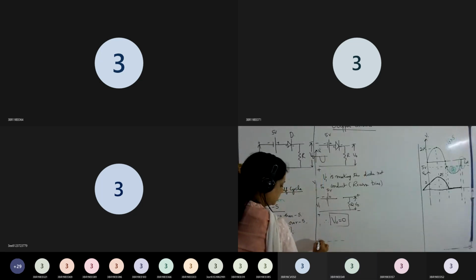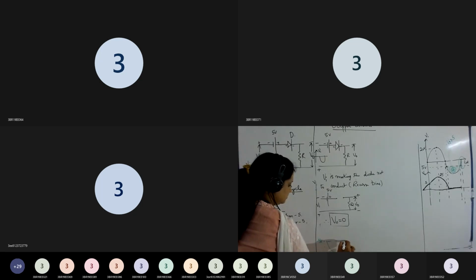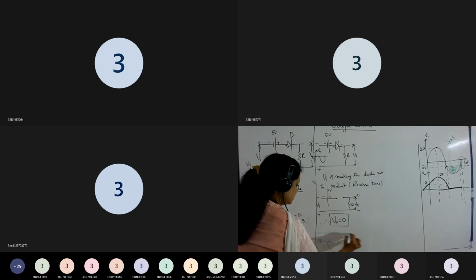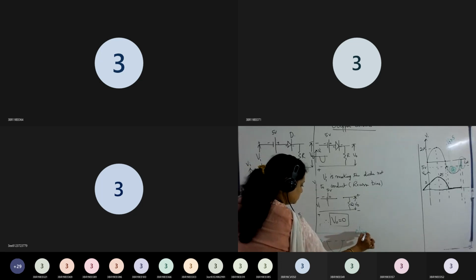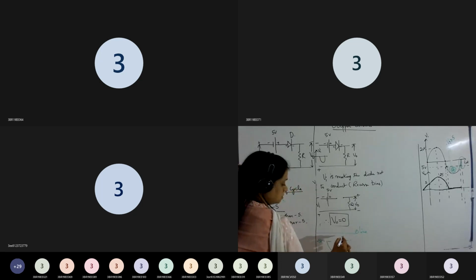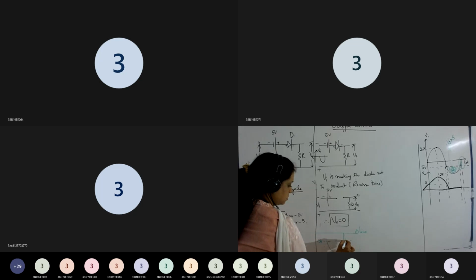So this is minus 5 volt. Okay. So you have the waveform like this. And this is a zero line. Input line I am drawing. I mean input graph I am drawing. Yes. This part.